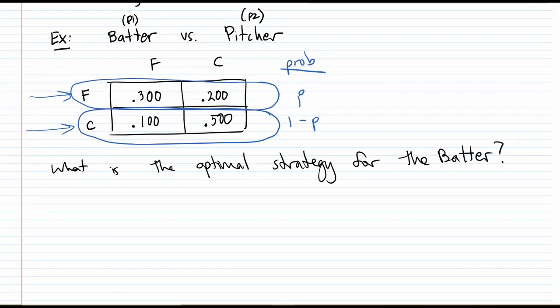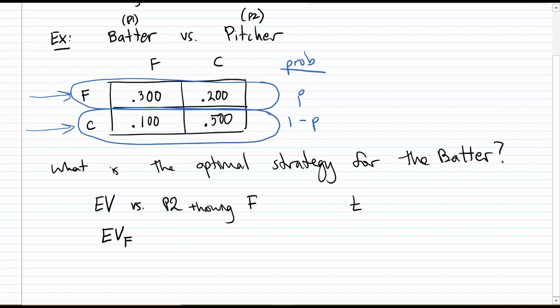Now, remember, we had to calculate expected values based on what the pitcher did. We don't have any way of knowing what the pitcher is going to do, so we calculated the expected value versus the pitcher throwing fastball. I'll just abbreviate this EV sub F because it's the expected value versus fastball.